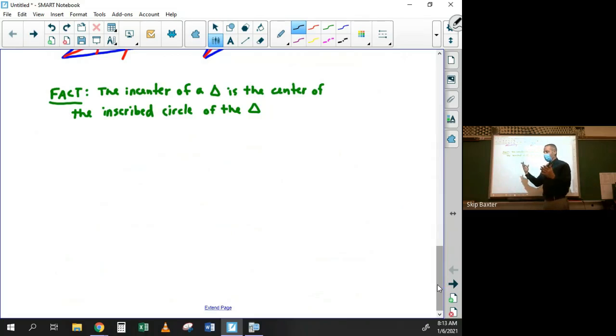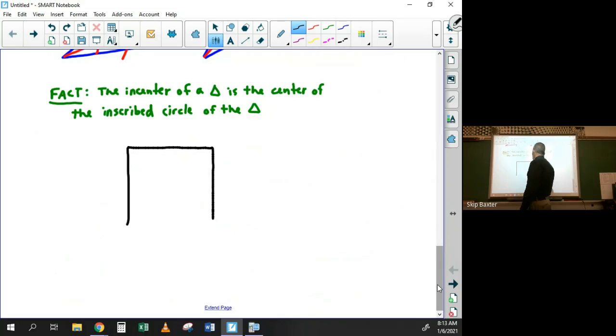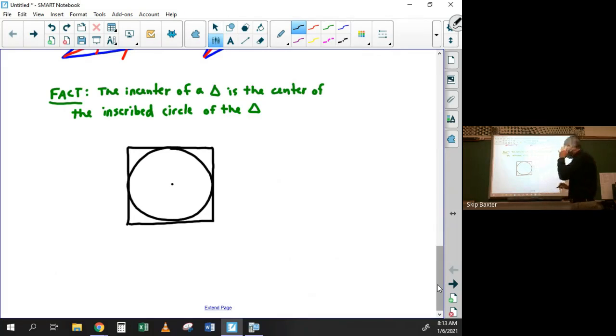So just on vocabulary, like if I have any polygon inside another polygon or geometric figure, there's that circumscribed, inscribed relationship. So if I have, for example, a square with a circle inside it, okay? This is just a general thing about geometry in general. So if I have a square with a circle inside it like that, I could say that the circle is inscribed in the square.